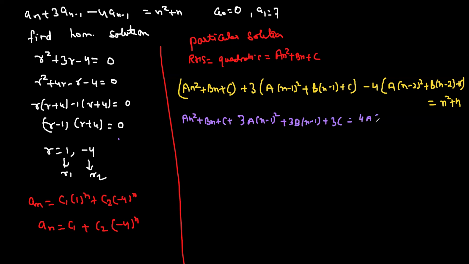Now this is 4A. Okay. Now see. Minus 4C, 3C plus C. Cancel out, right? Yes.